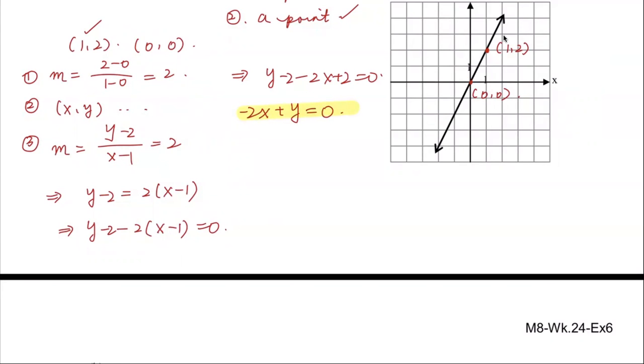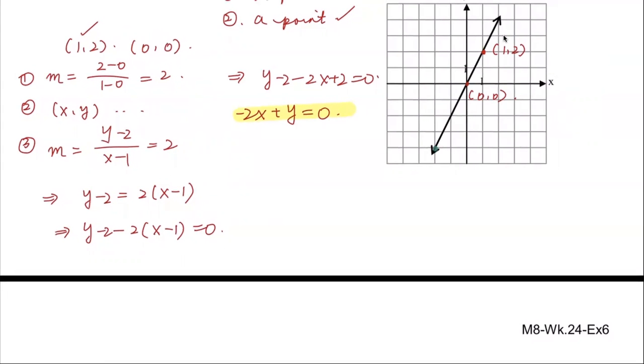We can check whether our answer is correct. We can use 1, 2, or we can pick a different point. Maybe let's use this point, minus 2, minus 4. When we plug this number in this equation, if the equation holds, then we know that this equation represents this straight line. If it doesn't, then something over here is not correct, right?